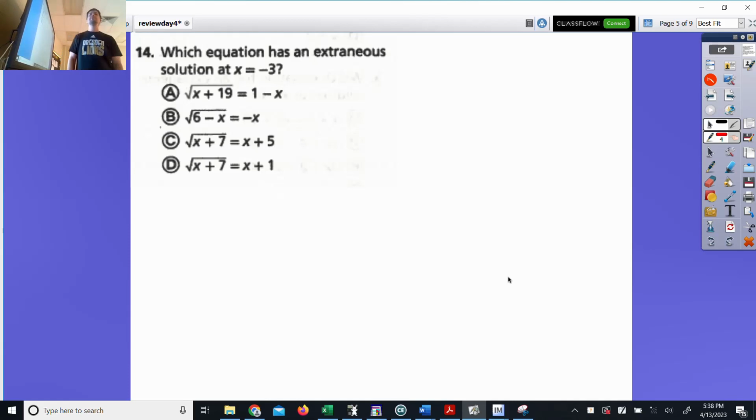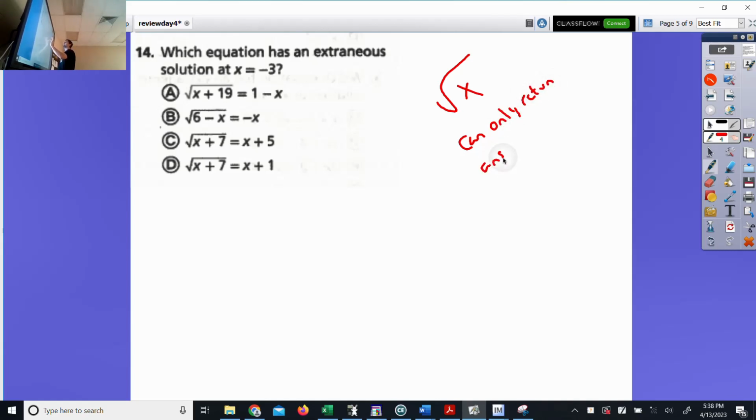Which equation has an extraneous solution at x equals -3? Now the deal is, the root of x can only return answers greater than or equal to 0. That's it. I can only return things that are greater than or equal to 0. So if you take this -3 and put it right there, this would say equals 1 minus the -3, which is 4, which is positive.